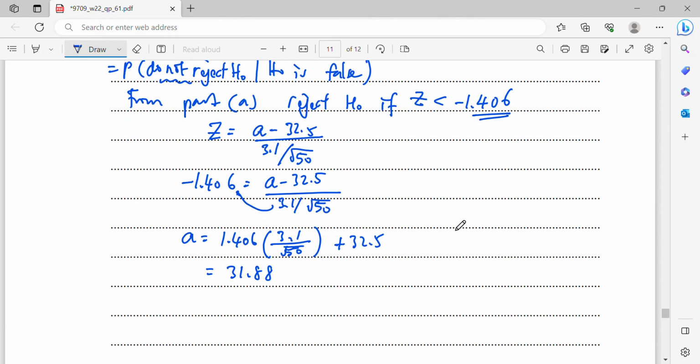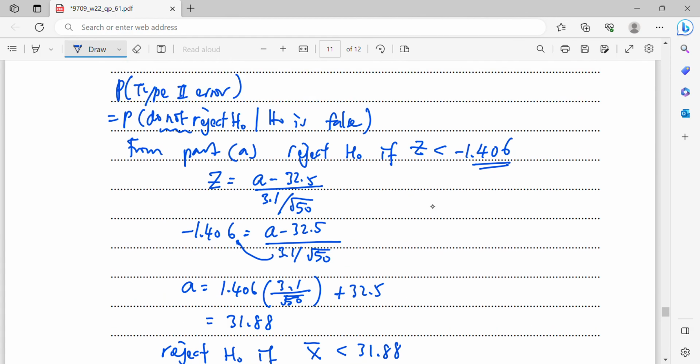So from here, I know that's my rejection region. So reject H0 if the X bar is less than 31.88. Okay, so now go back to the question here, we need to count the probability of type 2 error. So type 2 error means do not reject H0 when the H0 is false.